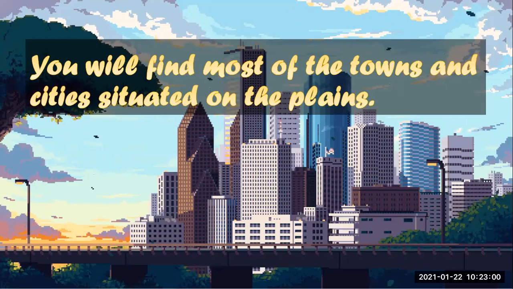So it means you will find most of the towns and the cities situated on the plains. Only a few cities and towns are situated on plateaus, on mountains, on hills. A very few number of people can live over there, okay? But mostly you will find the towns and cities situated on the plains, because it is very suitable.